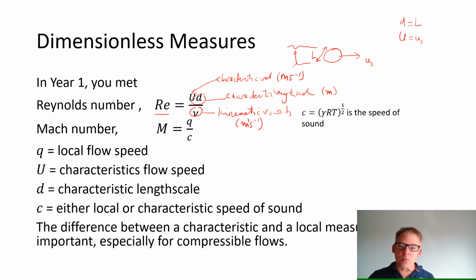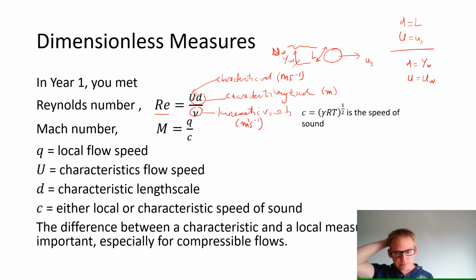If y_W is the width of the wake, and delta u_W is the speed in the wake, then we could have a Reynolds number associated with the wake, with d equal to the wake width and velocity equal to the velocity in the wake. And obviously in that case the Reynolds number does have the potential of changing with distance. In fact in 3D it decreases with distance, in 2D it tends to be a bit constant. So Reynolds number is a characteristic measure.